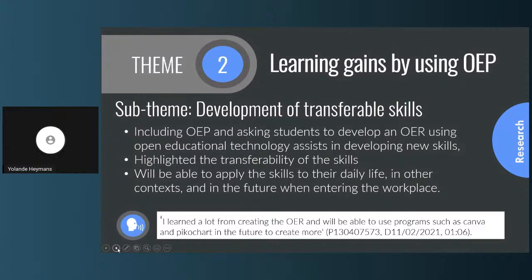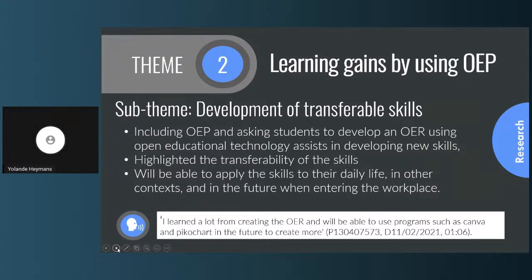They highlighted the transferability of the skills, so within their discipline and when they enter the world of work, they can also look for open educational resources. They can reuse them, they can adapt them. The fact that they could use open technologies, and it was a new skill set that they had to apply, was highlighted as a very strong point.